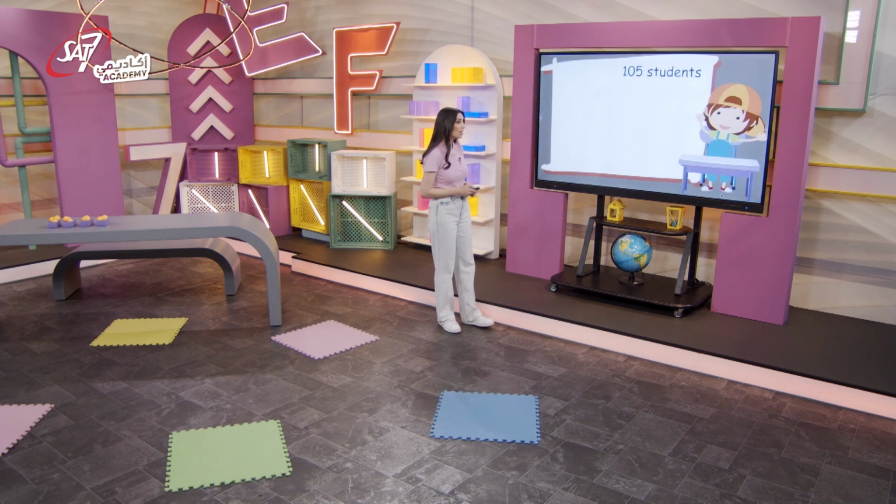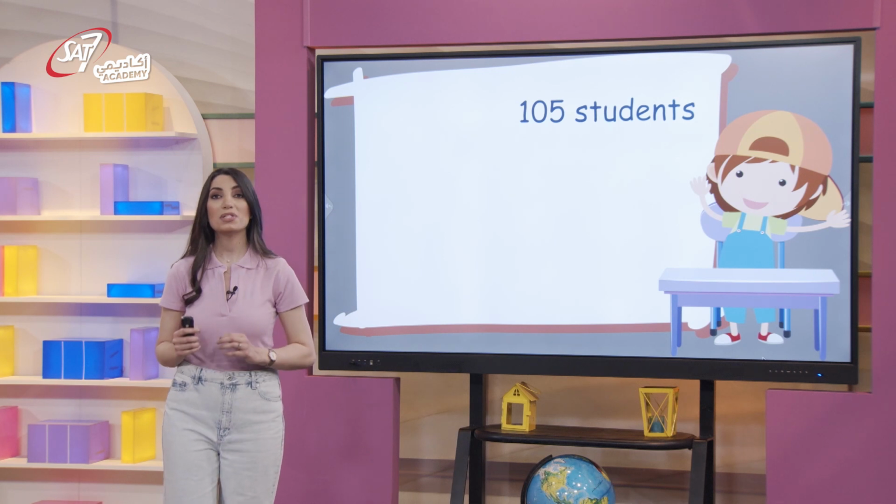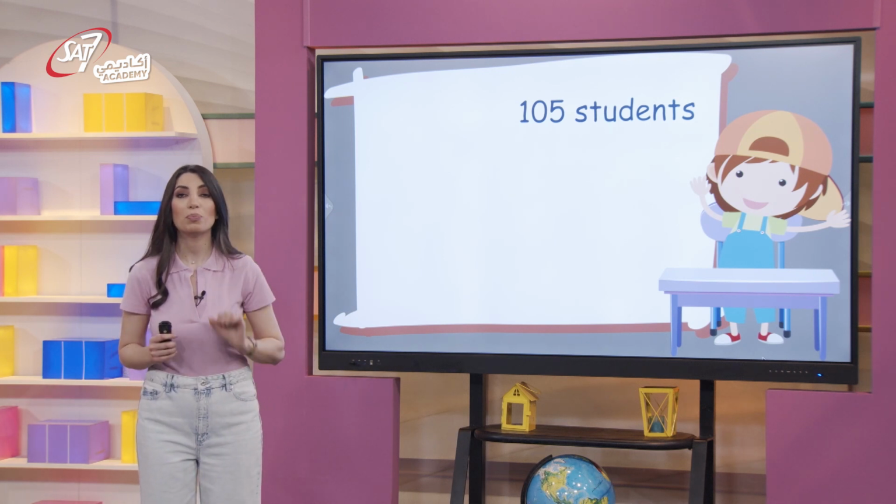105 third graders are working on a school project. The teacher is pairing them so that each student would work with a partner. Can the teacher divide the students in 2s? How can we know whether 105 is a multiple of 2? All multiples of 2 are called even numbers.